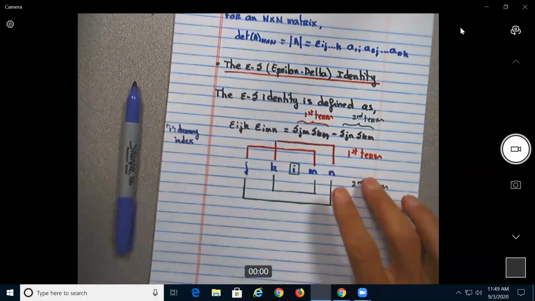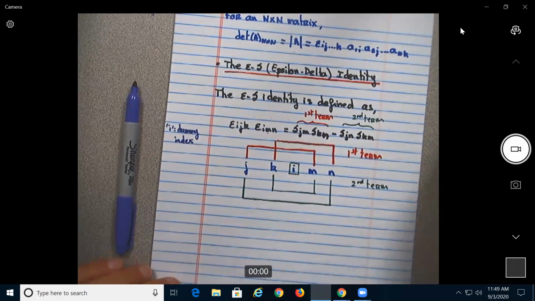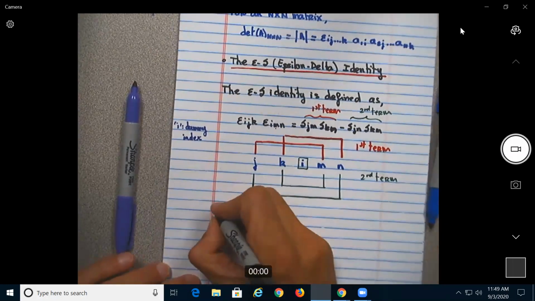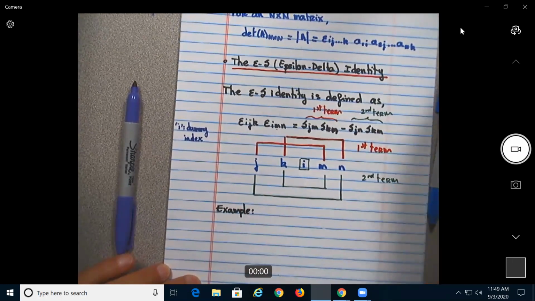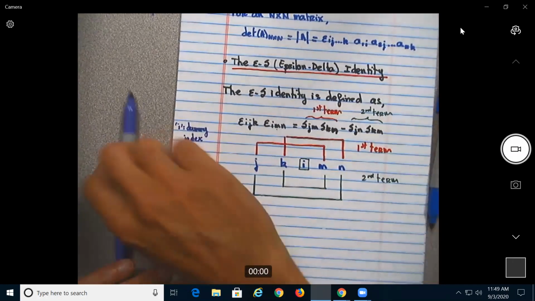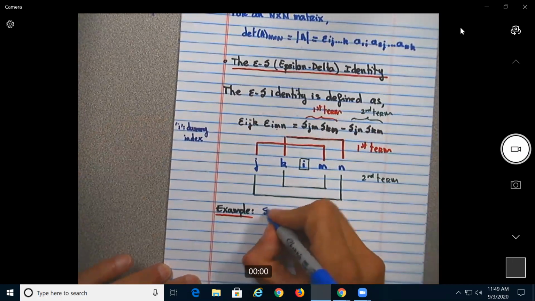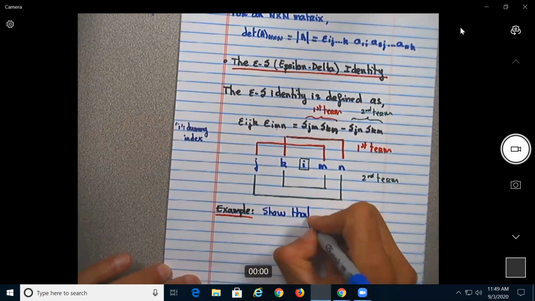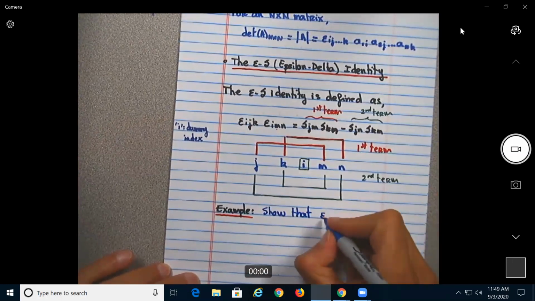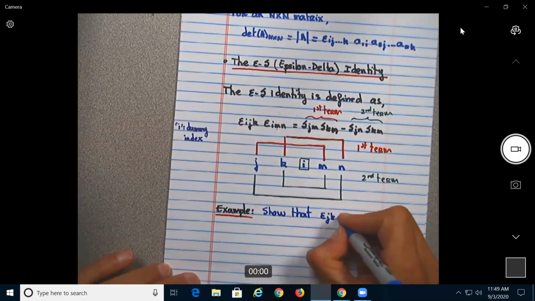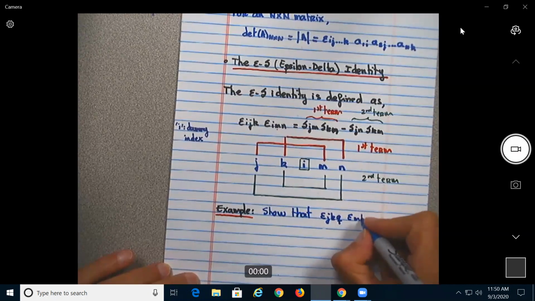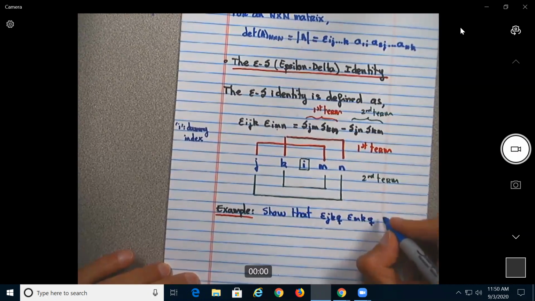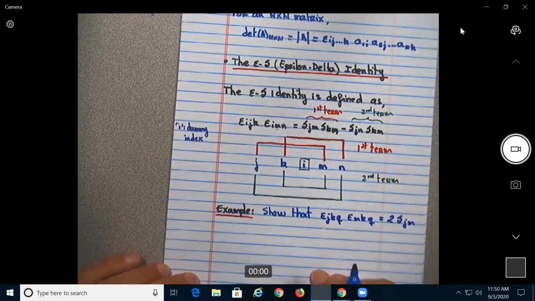All right, so let us do some examples. So the first example we're gonna have is: show that epsilon J K Q epsilon M K Q equals 2 delta JM.